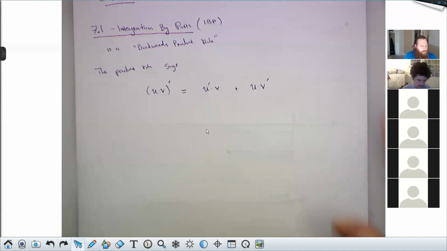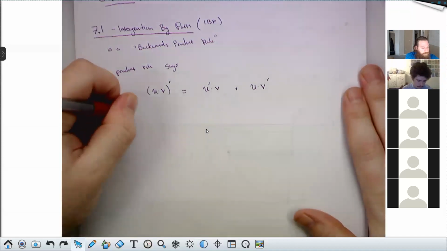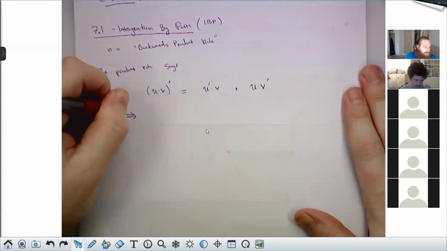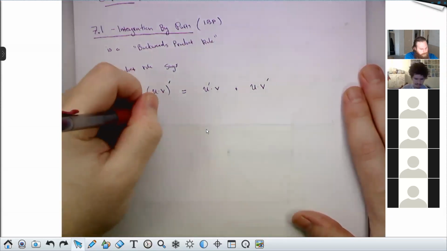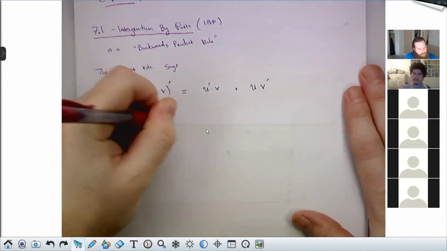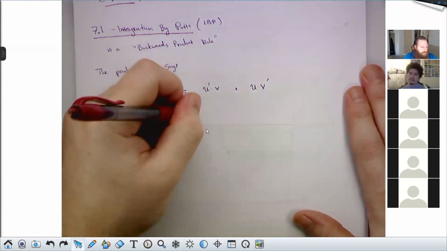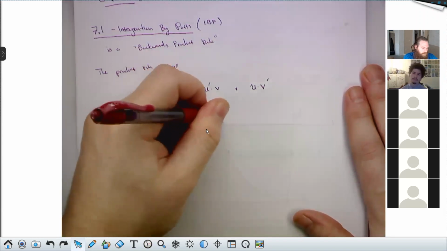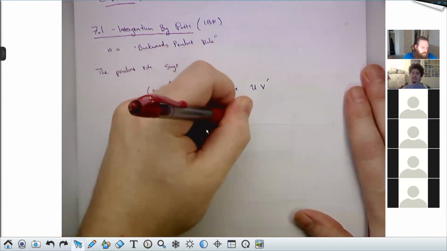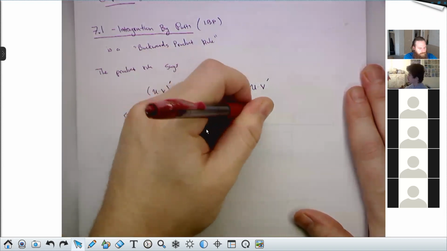Now, if I integrate on both sides, this, by the way, is where I said remember I said we're going to use the variable u to mean something specific. This is that place. So now if I integrate on both sides, what do we get? I get the integral of u times v all primed equals the integral of u prime times v plus u times v primed.